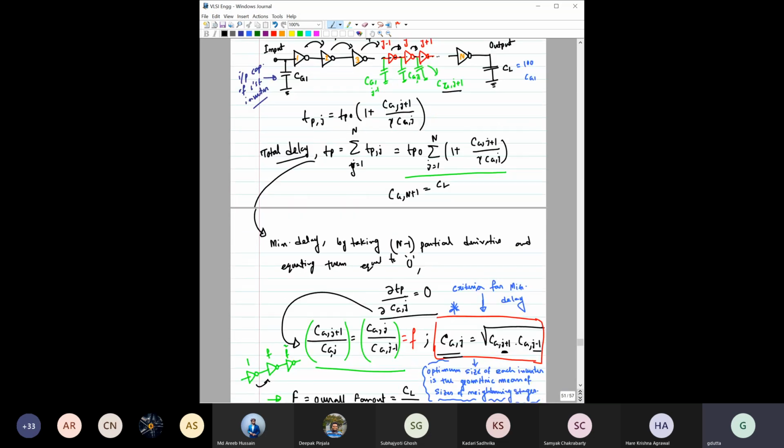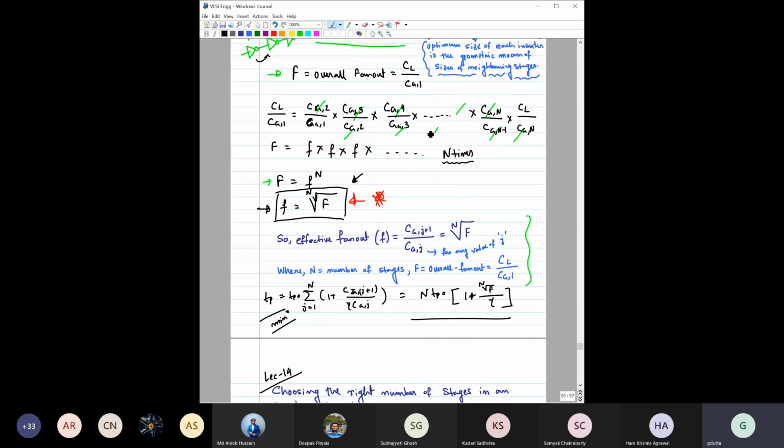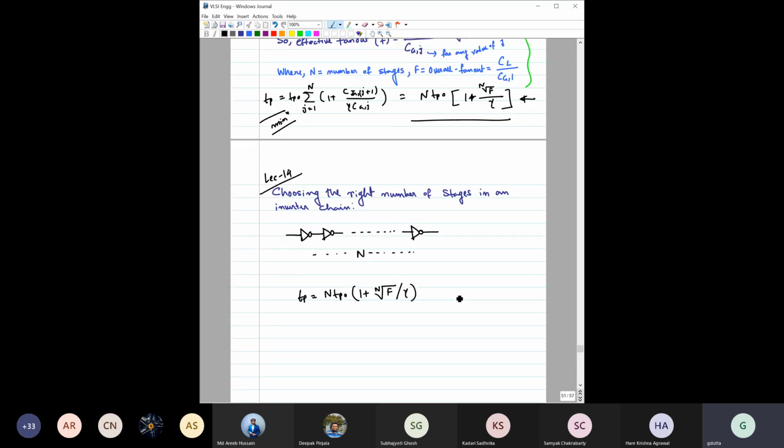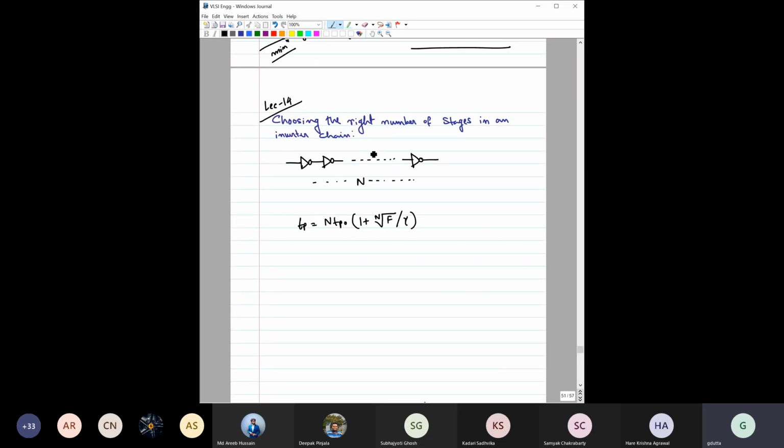Right. So again, to do that, we know this is the total delay, right? So for this expression, we have to take a derivative in terms of this n, and then from there find what should be the criteria for n to get the minimum delay. So here, we are continuing from here. Now we are trying to choose the right number of stages, which is basically the number n in an inverter chain.